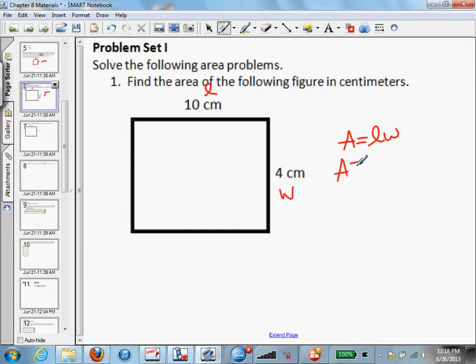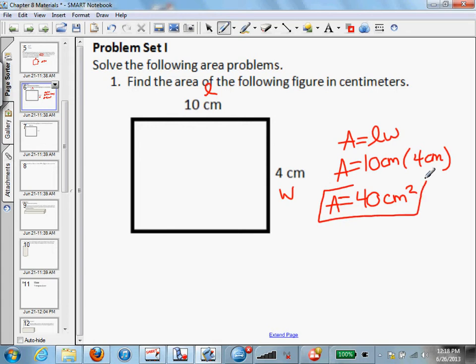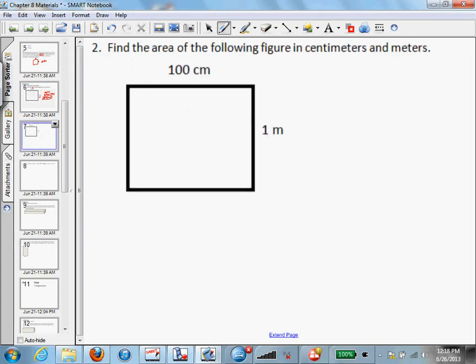So A equals the length of 10 centimeters times the width, which is 4 centimeters. And when we multiply these together, A equals 40 centimeters squared. Notice it's squared because we multiplied 2 centimeters together. All area will be measured in units squared.